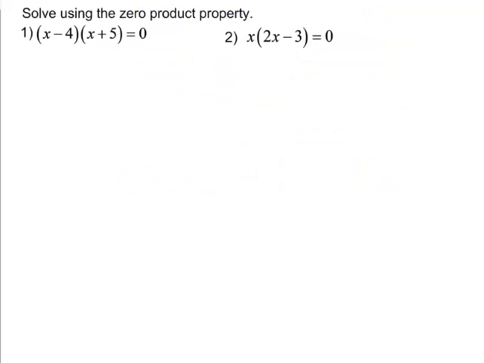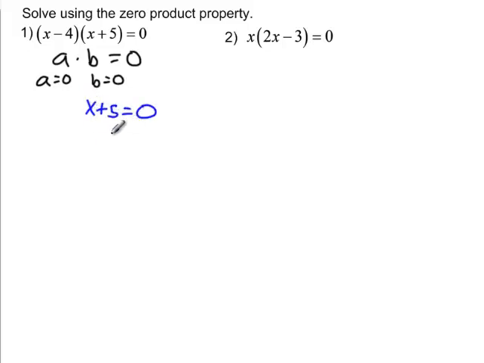Now what this means is, remember that a times b equals 0 means that either a equals 0 or b equals 0. So the way that we find our solutions is, what makes this equal 0? If this is b, how do I make b equal 0? In other words, x plus 5 equals 0.